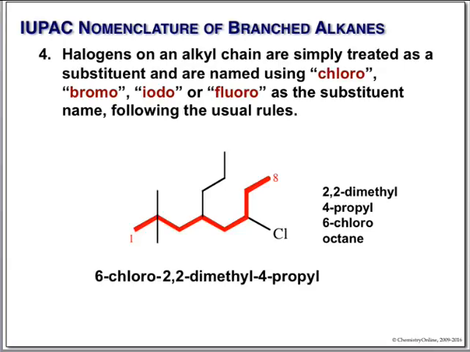And finally, we tell the world the parent is an octane. This is crazy. So using these very strict sets of rules, you can take every organic molecule and give it a name that you can then work from, going back to the absolute structure. It's a very, very good system.